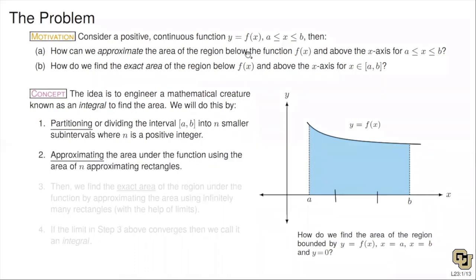Then we approximate the area in these 3 pieces using a rectangle somehow. So for example, here I could use this rectangle to approximate the area for that first section. Actually, let me use a slightly different color. I could use a rectangle like this to approximate that second section.